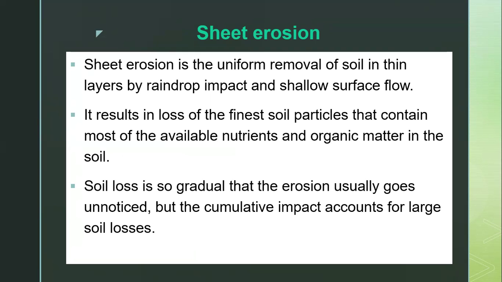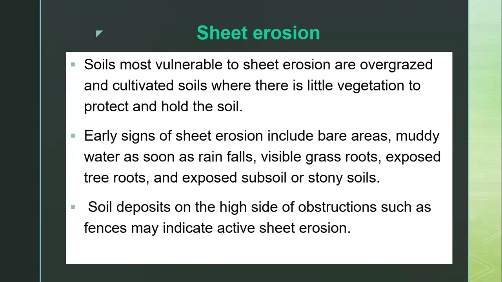The soil loss is so gradual that the erosion usually goes unnoticed, but the cumulative impact accounts for large soil losses. The soils most vulnerable to sheet erosion are overgrazed and cultivated soils, where there's little vegetation to protect and hold the soil.